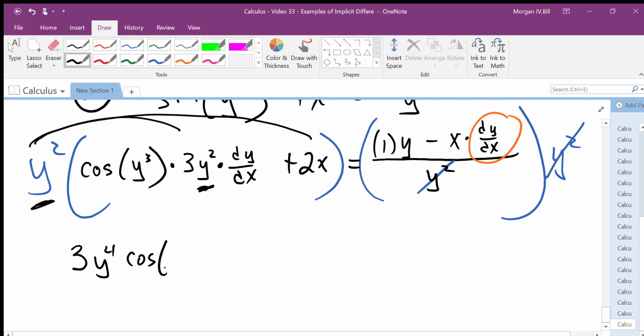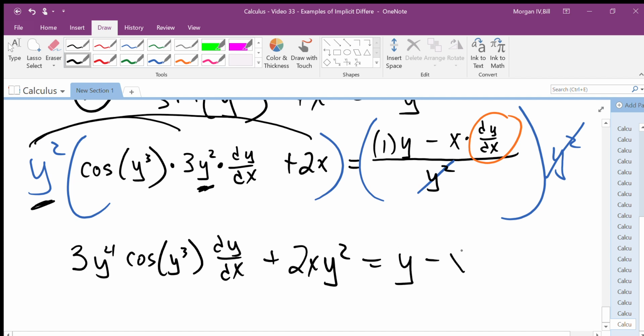Cosine of y cubed, right, that y cubed is the angle, so it can't be combined with the y to the 4th out front. And then a dy/dx. Okay, plus 2xy squared, that's the y squared multiplied by the 2x, is equal to, the y squared in the denominator canceled, so I just have y minus x dy/dx.